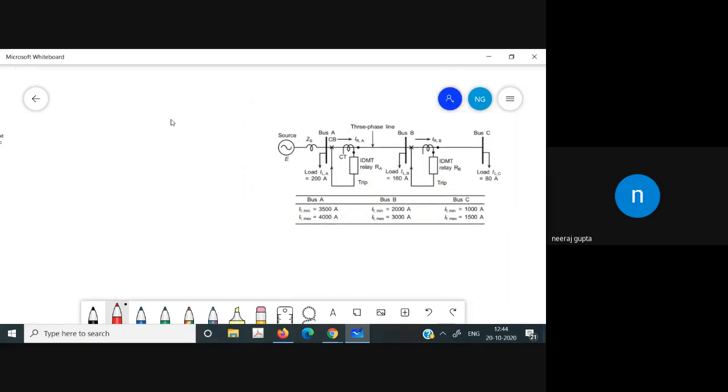So next is the application of inverse definite minimum time relay for the protection of the distribution feeder.